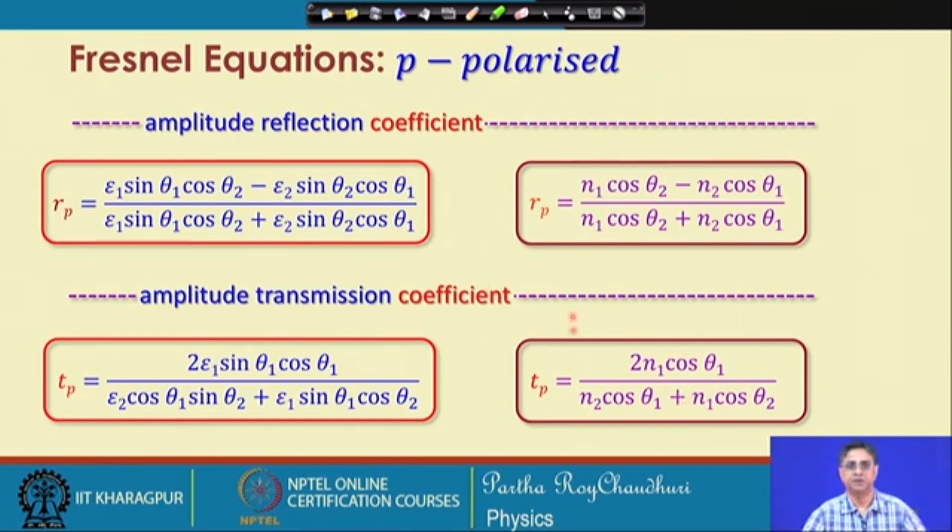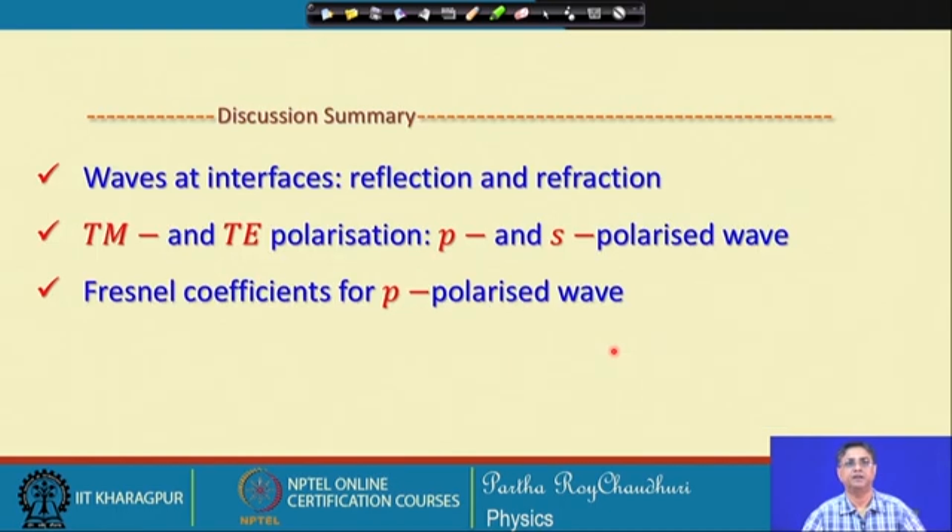So, till now we have seen how the electric field amplitudes are related from the incident wave to the reflected wave and to the transmitted wave in terms of the amplitude reflection coefficient and amplitude transmission coefficients. And then we will discuss more details about the energy transmission, Poynting vector and other things in the next section.